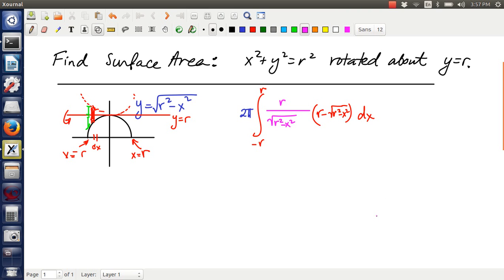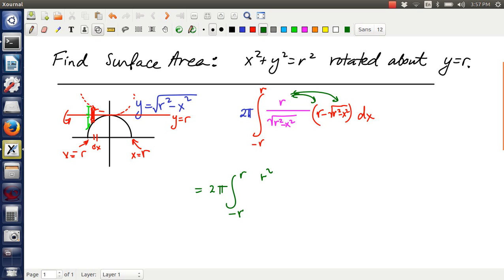One thing I can do is I could use the fact that this is symmetric to make this 4 pi on the outside and let myself go from 0 to r instead of negative r to r, but that's not necessary. I can just see what happens. I'm going to multiply these together, and I'm going to get myself 2 different integrals, because I suspect that these are going to be somewhat different to solve.